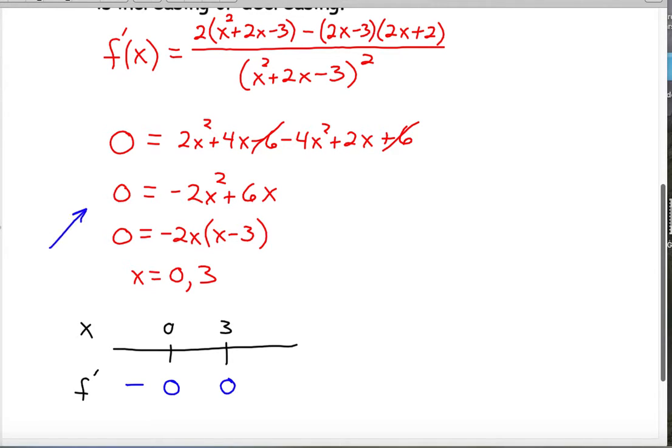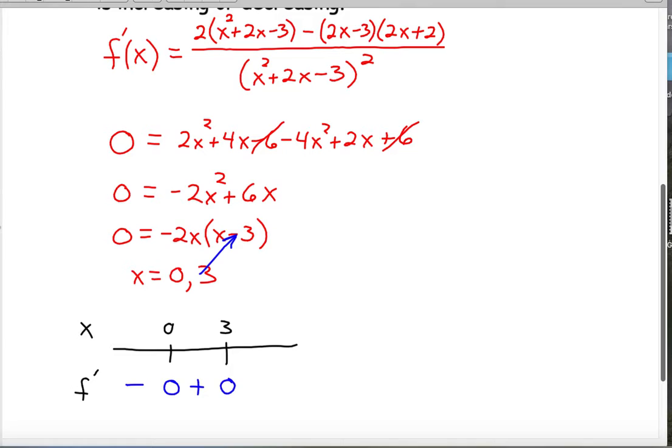But be careful. 0 to 3, let's pick, I don't know, how about 2? Plug in 2 here, I get a negative amount, and a negative amount gives me a positive amount. That tells me that f is increasing in that interval. And then I'll pick a number bigger than 3, how about 4? Plug it in, I'm going to get a negative amount here, positive amount.